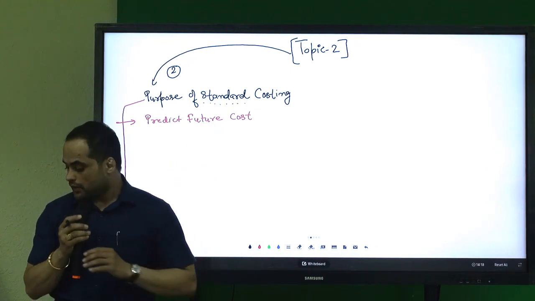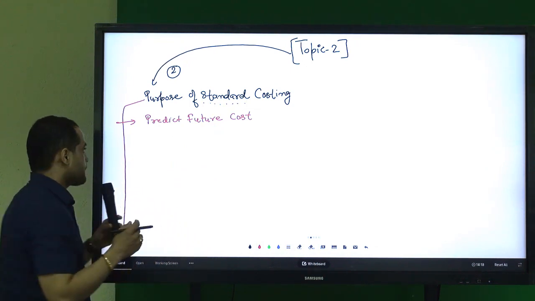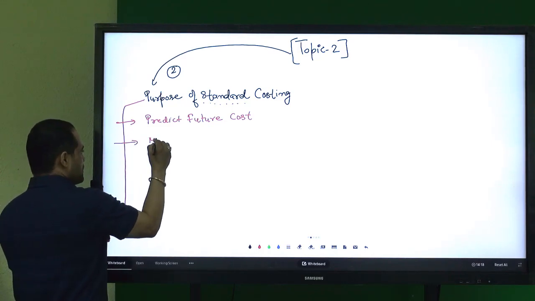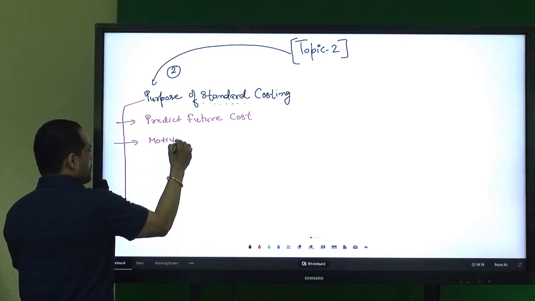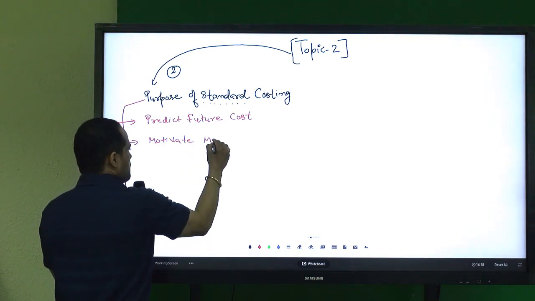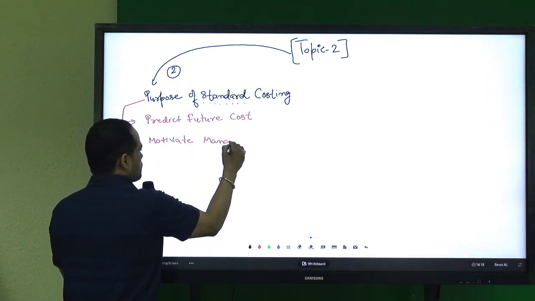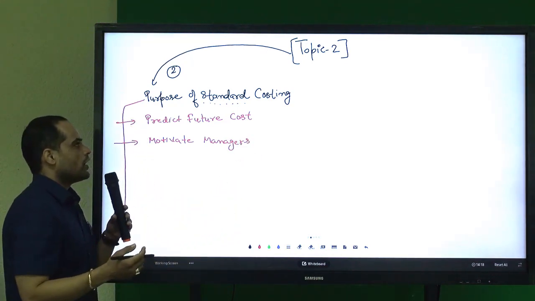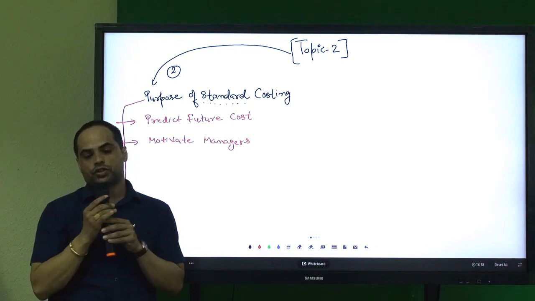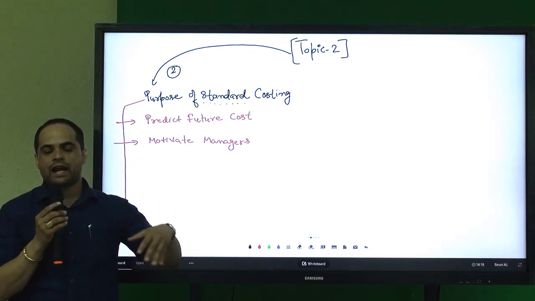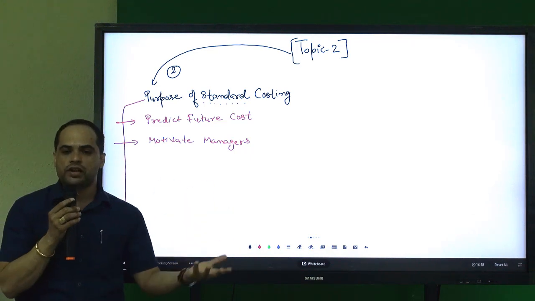All right. Next, another purpose of standard costing is to motivate managers. It helps us to motivate the managers. How? Because it's a plan. It's a part of budgets.